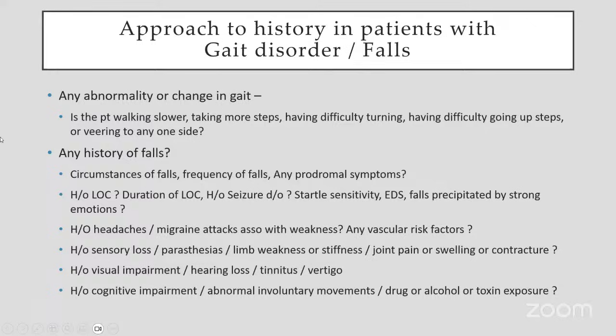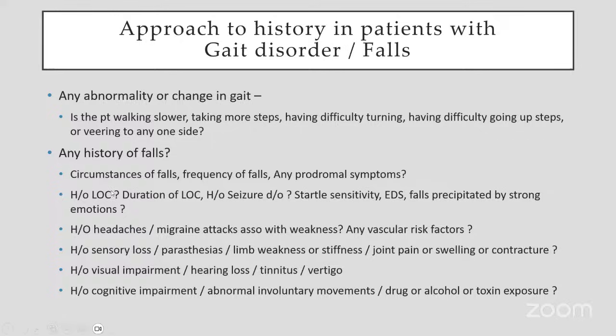And we have to ask about any history of falls. If there is a history of falls, we have to ask about every fall, like if they have had 3 to 4 falls, how they have fallen, the circumstances of the falls, the frequency of the falls, any prodromal symptoms just before the fall, if they have any syncope or pre-syncope events, or if the fall happened while getting up from the sitting position. So any prodromal symptoms also are to be inquired.